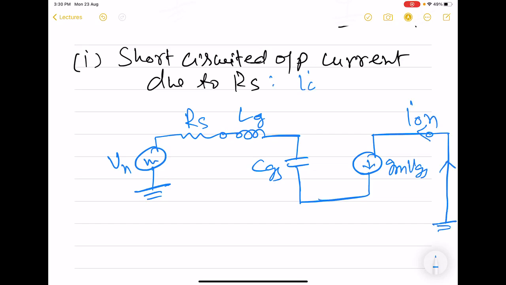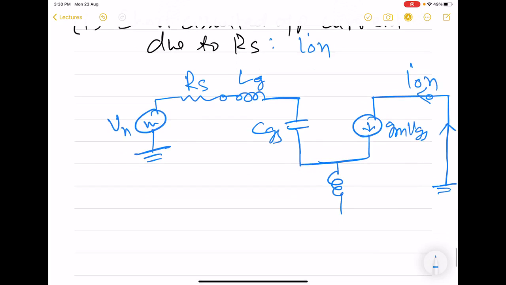It is this ION current which we are looking for. And here we have voltage VGS. Now we have to set up the equation here, and let us assume that the noise current on the input side is IN.